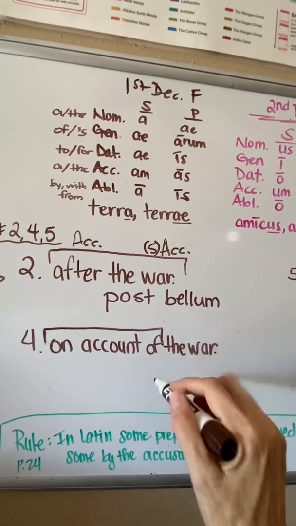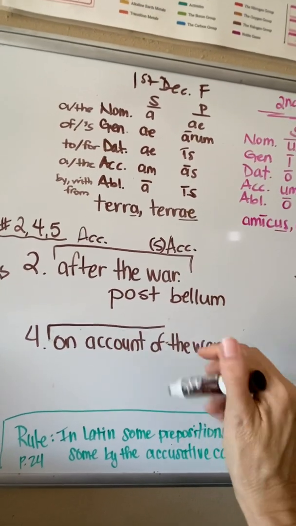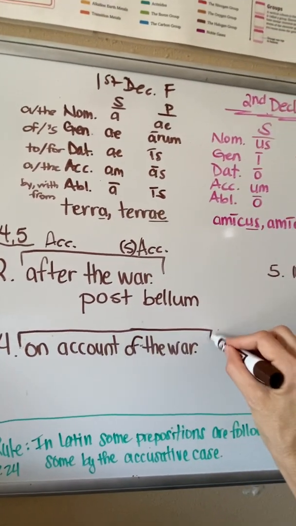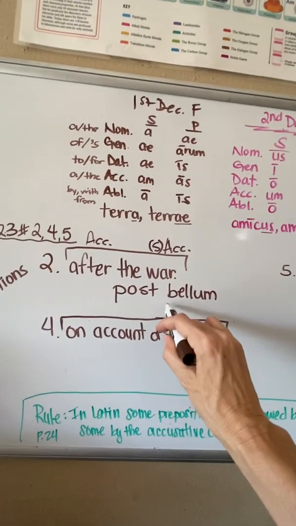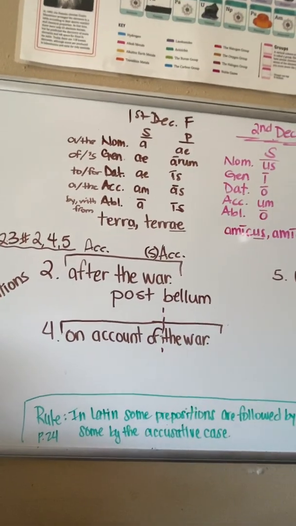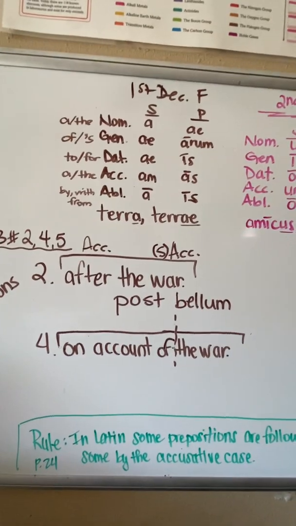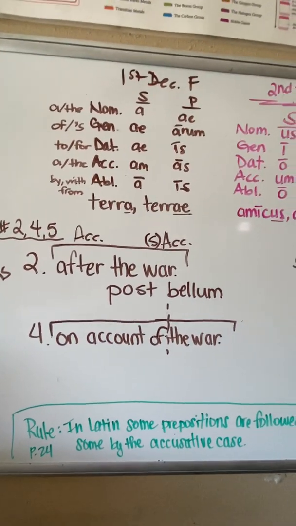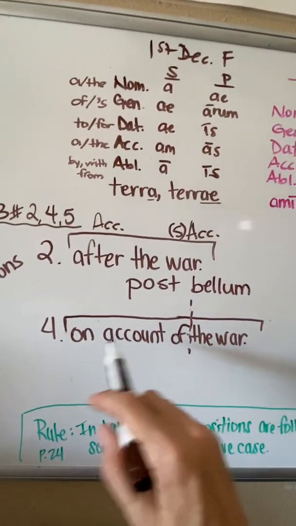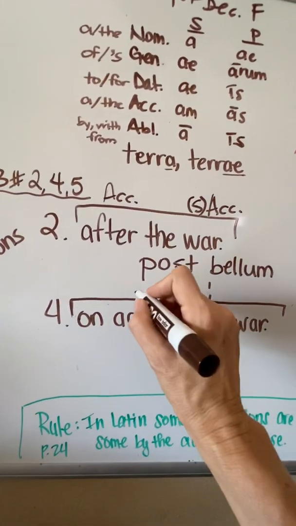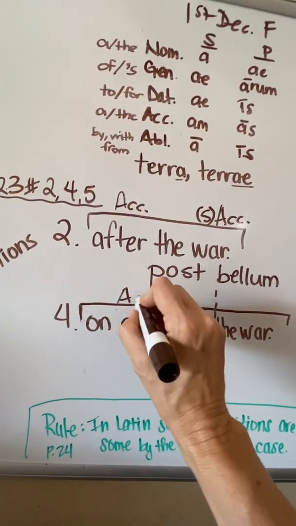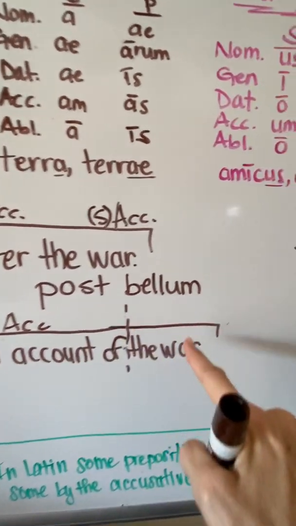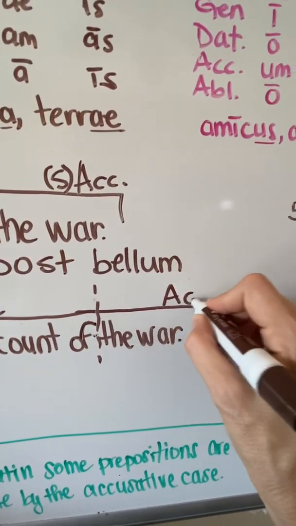I've never come up with a great system. I just have always learned it. So I bracket the whole thing. If you need to have your kid put an extra line down here to show that the of belongs on this side so it's translated properly, you could do that. But I just bracket the whole thing, and I know on account of is going to be propter. And I know that those P words are accusative cases and that the following word will be governed by the same.